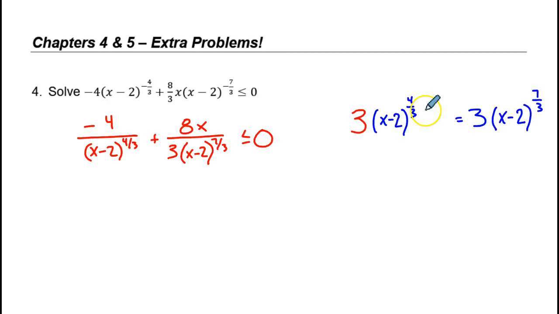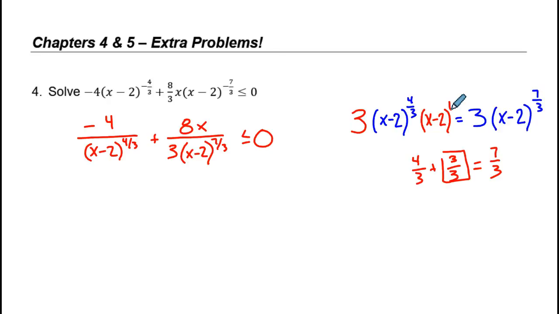Well, I'm going to need an x minus 2 in here. But what exponent do I need on it? If I have something to the 4/3 power, I need to add another exponent so that it equals 7/3. And hopefully you're savvy enough to figure out that that exponent should be 3/3, which is the same as 1.